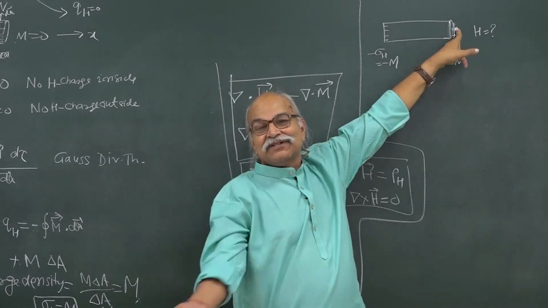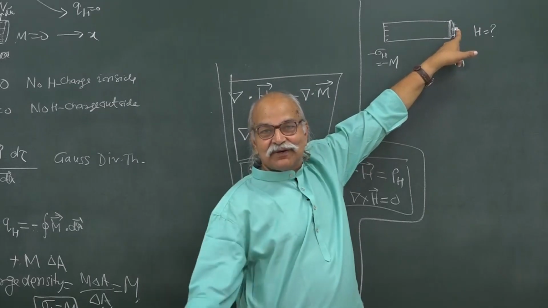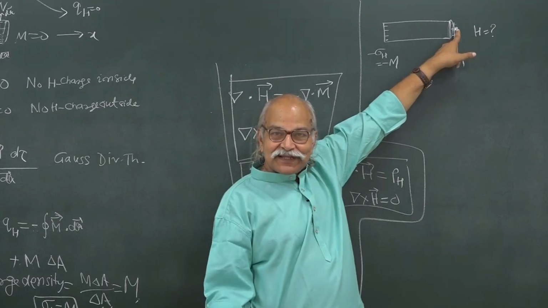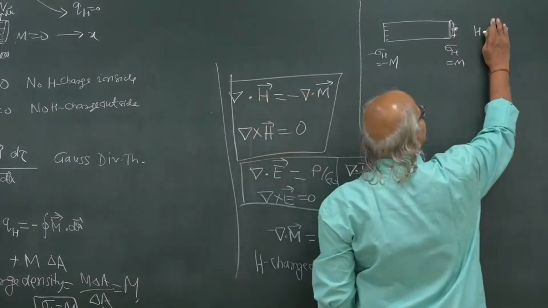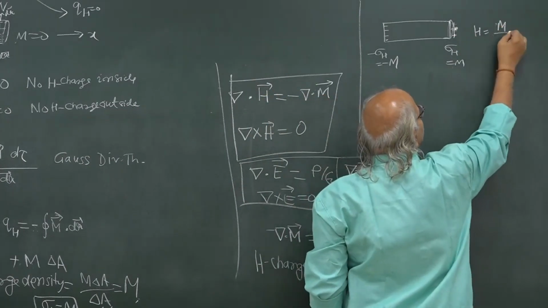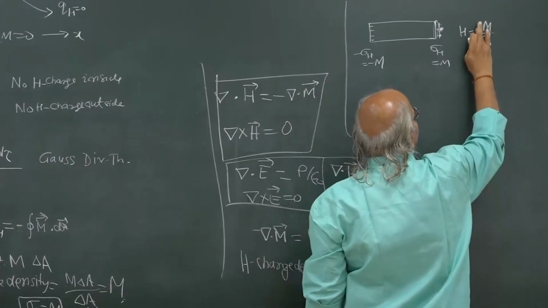In the electric case, you have a surface charge density sigma on a surface, and then you go just outside, sigma by 2 epsilon naught. So this H will be m divided by 2 epsilon naught, and epsilon naught we have to forget.